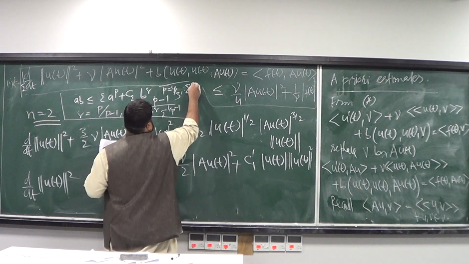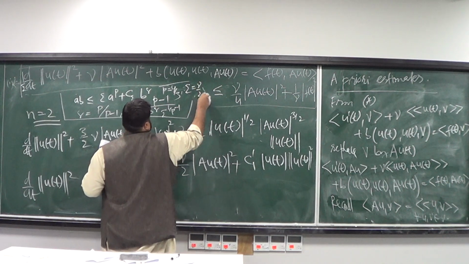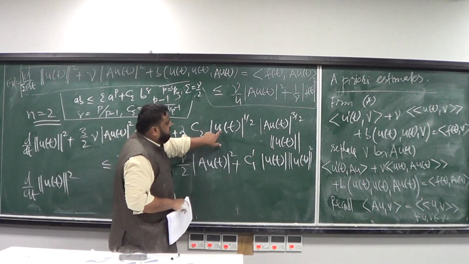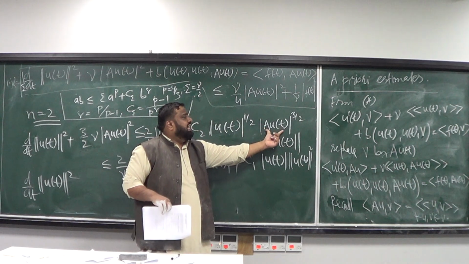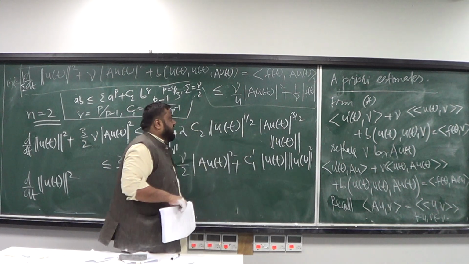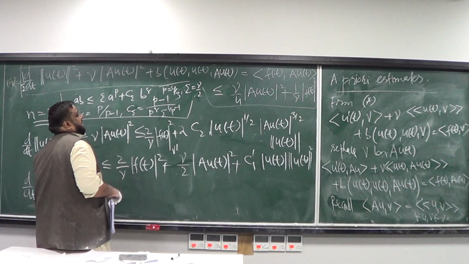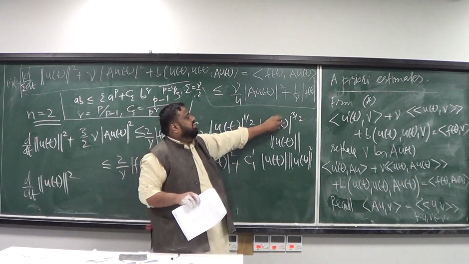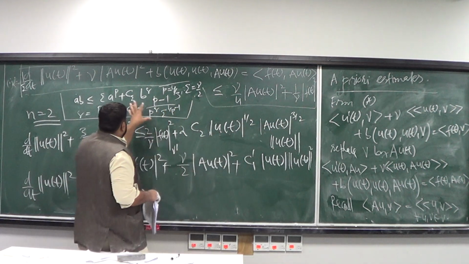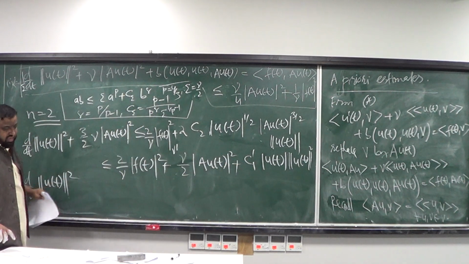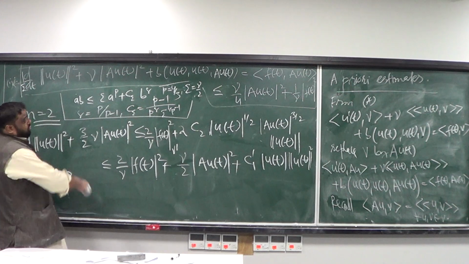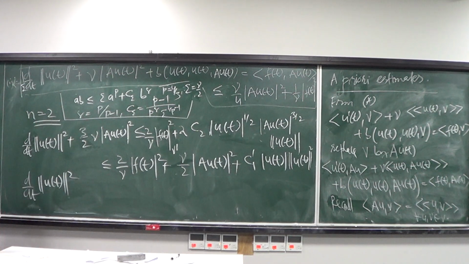I'm taking the product of this and this as A, and this entire term as B. Then applying this inequality, I get such a result. I'm writing this explicitly for those who are watching this video. Alright.